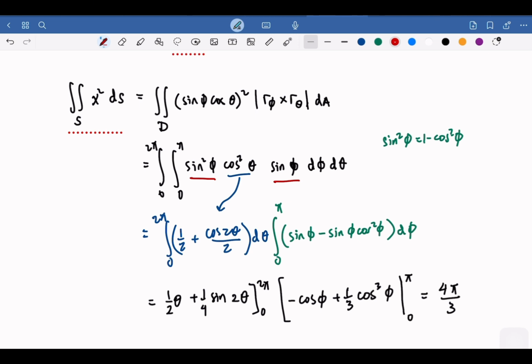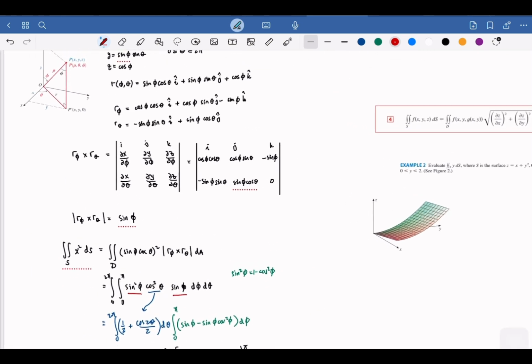The rest, we can compute just using the integral. That will be example 1.